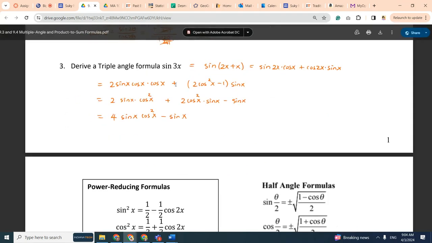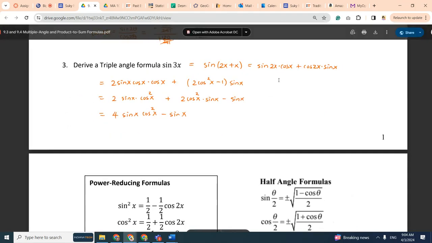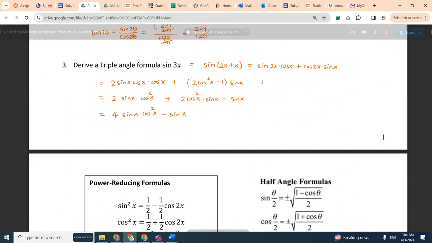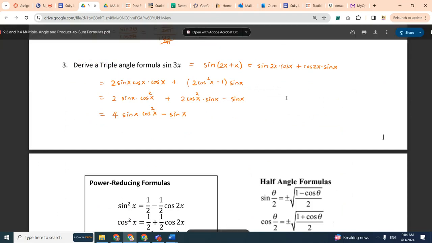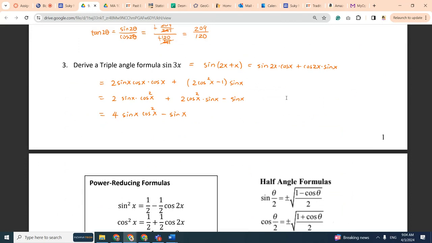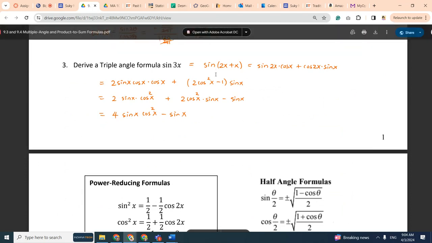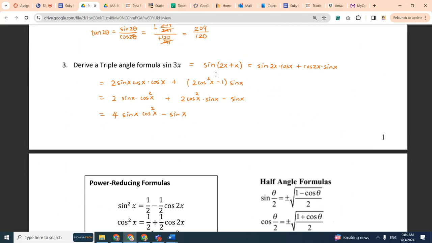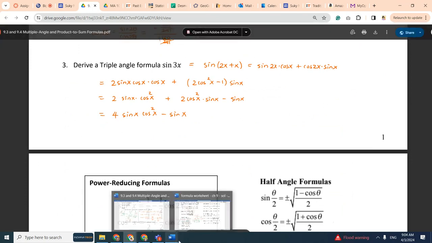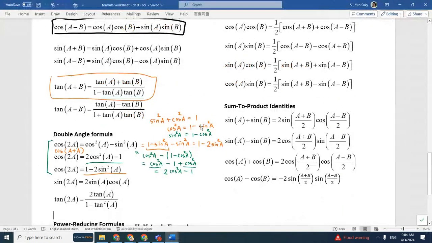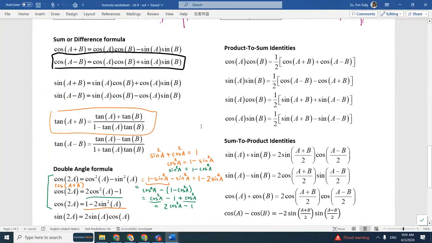Number 3, I also want to talk briefly about the idea. You want to derive a formula for sine 3x. We have sine 3x is sine of 2x plus x. Now you can use the sum formula: sine of a plus b is sine a cosine b plus cosine a sine b.